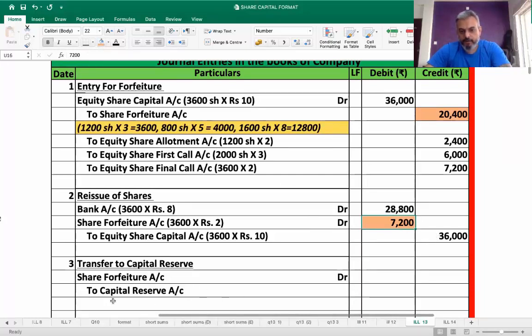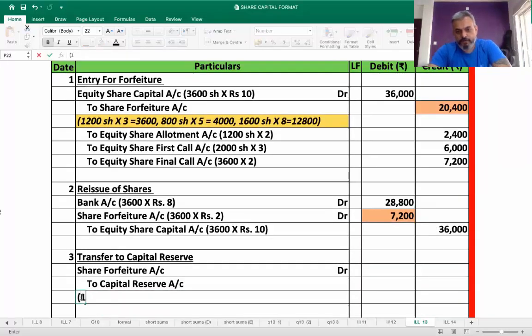or we can also do our working. So 1200 shares into, we forfeited rupees 3 and we gave rupees 2, that is 1, which is equal to 1200.